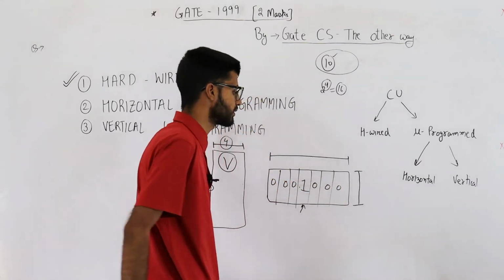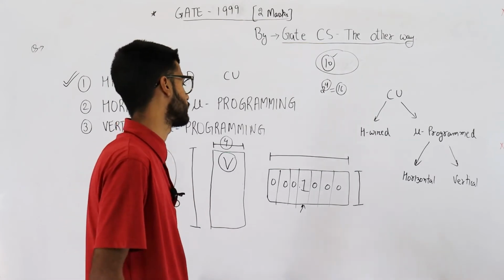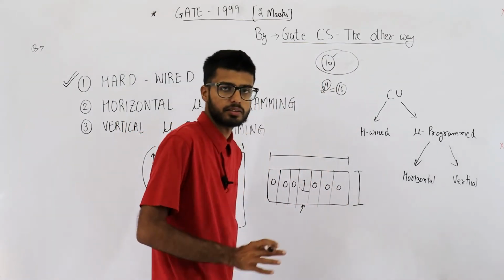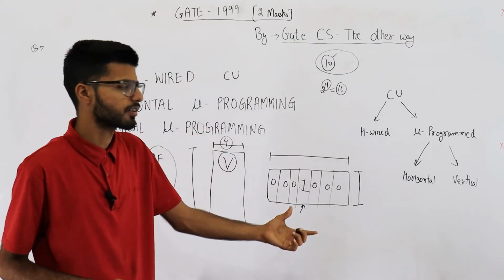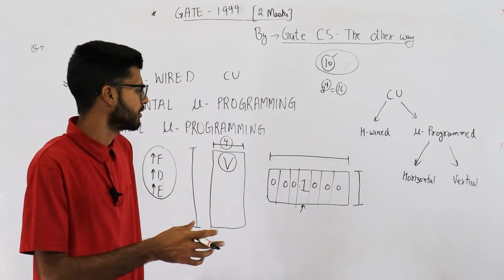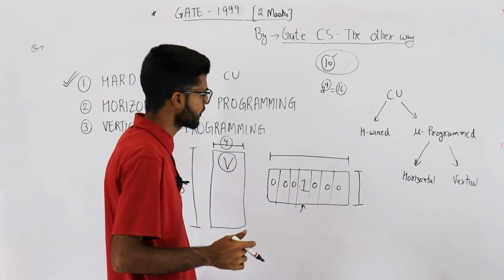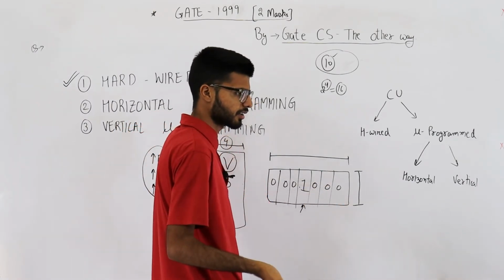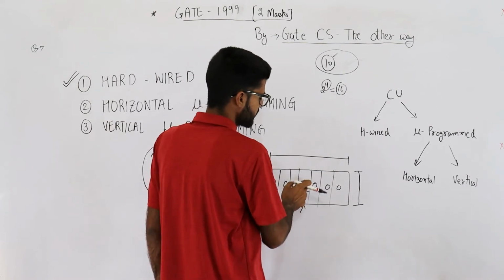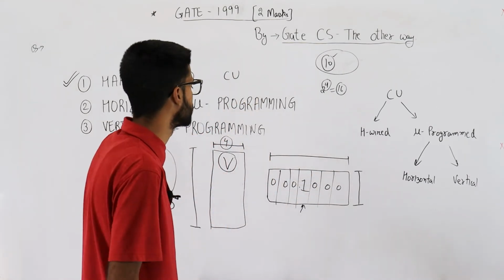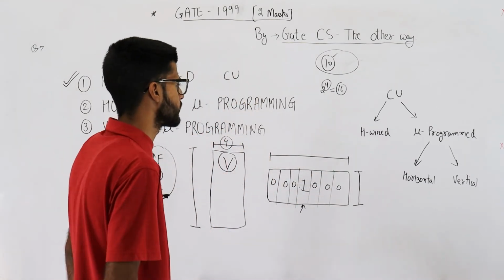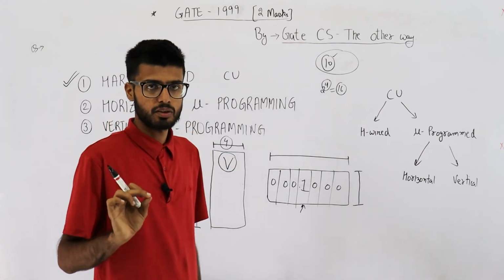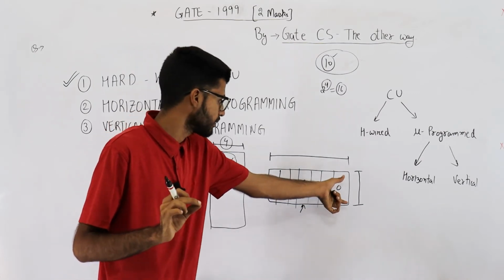Now you don't need a decoder. You just directly connect this bit to the desired register or desired device. Whenever we save 0 here, the control signal will be low. Whenever we save 1 here, the control signal will be high. What's the benefit of doing this? We can generate more than 1 control signal using this pattern.